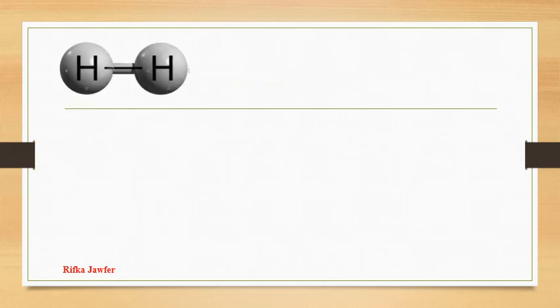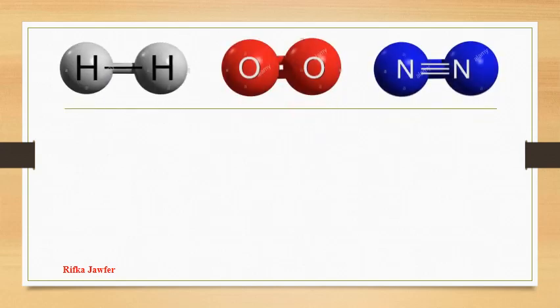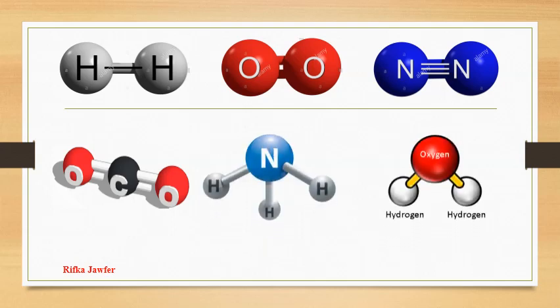Now think of some elements like hydrogen, oxygen and nitrogen, which are made up of homoatomic molecules, and compounds like carbon dioxide, ammonia and water, which are made up of heteroatomic molecules. So, there are molecules making up the elements and compounds.